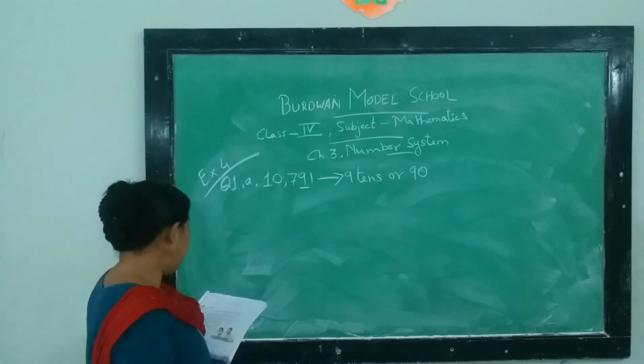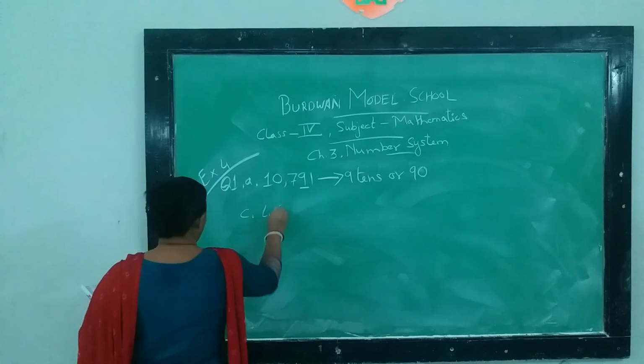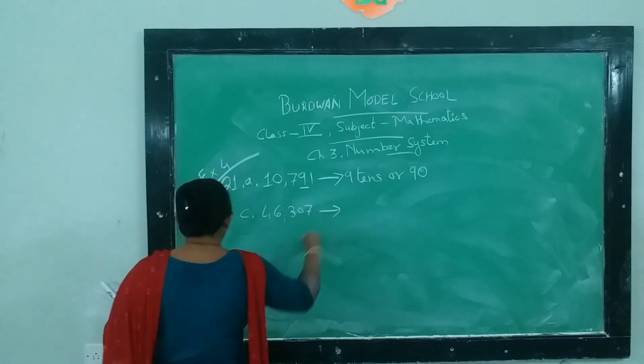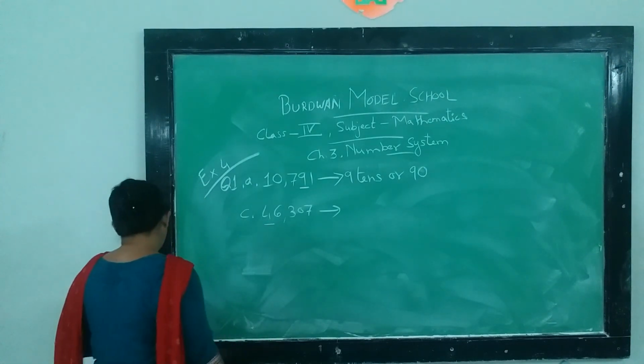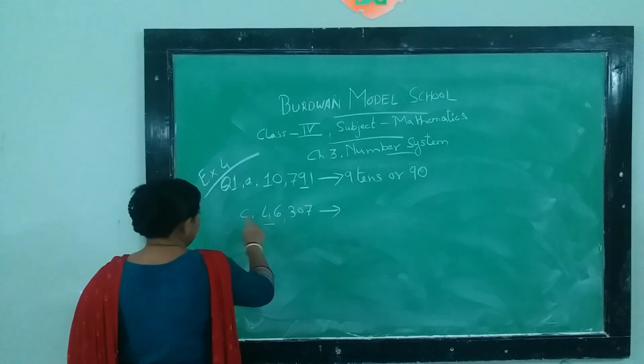Now similarly number C, 4,6,307. Now here the underlined digit is 4. Now start reading from the back: ones, tens, hundred, thousand, and this is 10,000.